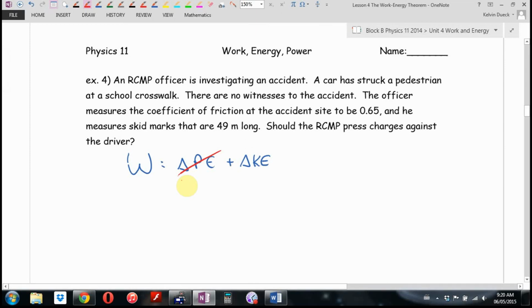What's changing anything? Are any of those zero? In fact, what's the final kinetic energy of any car accident? Always zero.